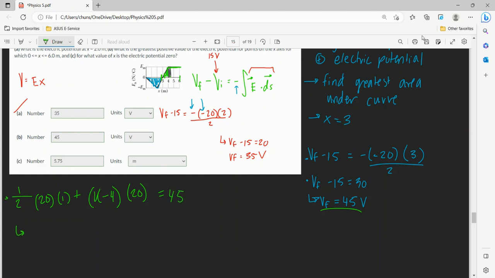So this becomes 10 plus 20k minus 80 equals 45. This is negative 70 plus 45, 45 plus 70. This is 115.